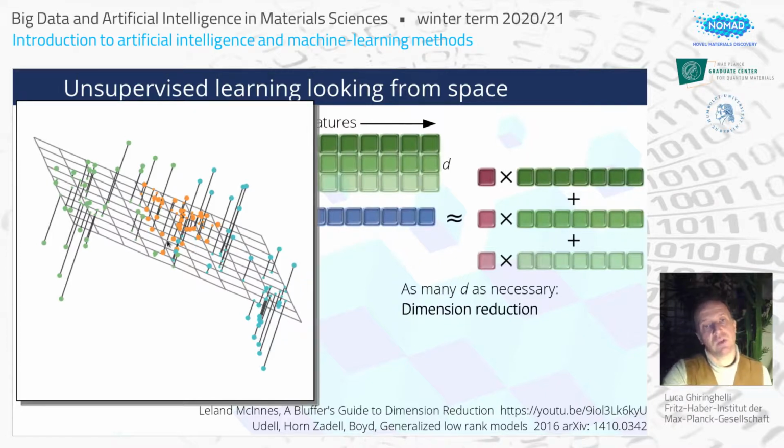And this is a situation in which you want to approximate your highly dimensional representation in terms of features by means of a lower dimensional manifold, here a linear manifold in particular, because of the linear decomposition. And you see what is happening. So you have data here in 3 dimensions, and you have a 2-dimensional manifold.